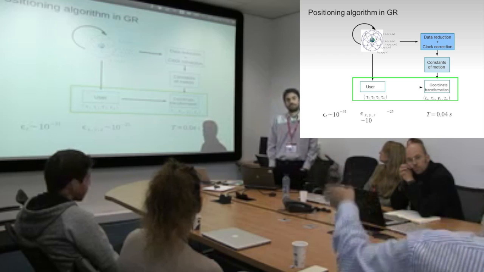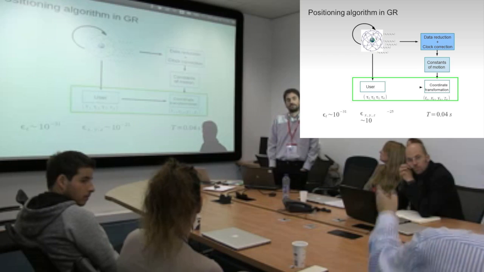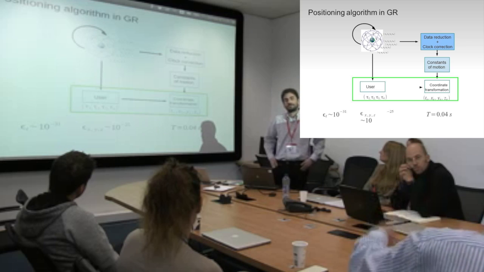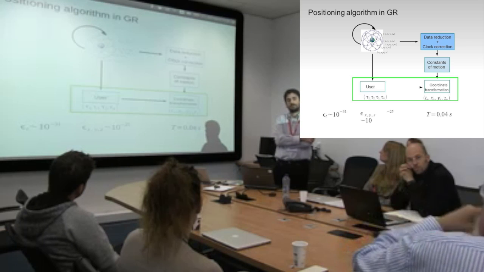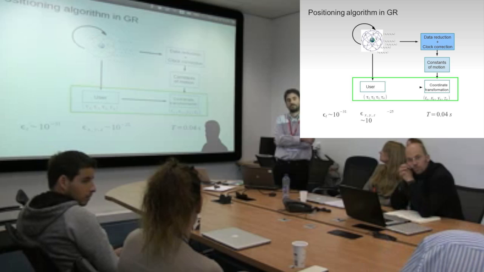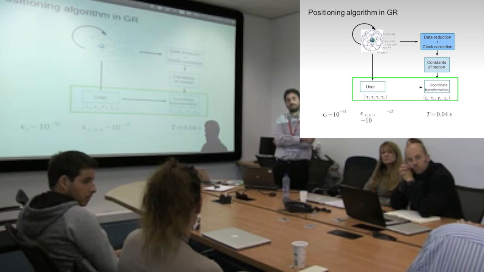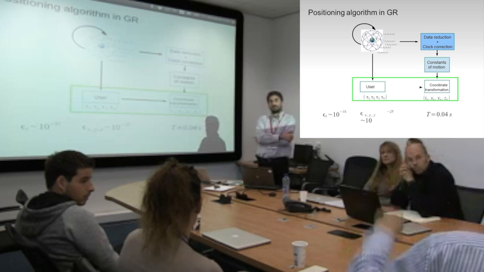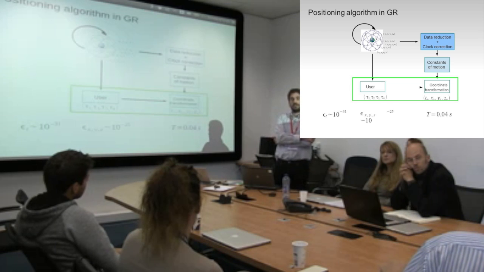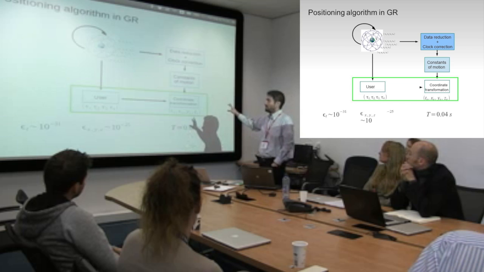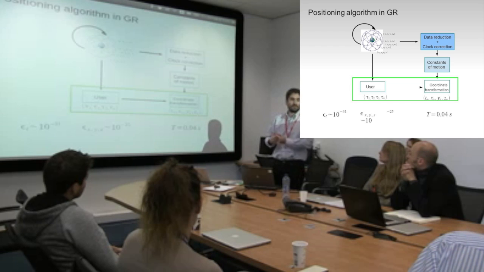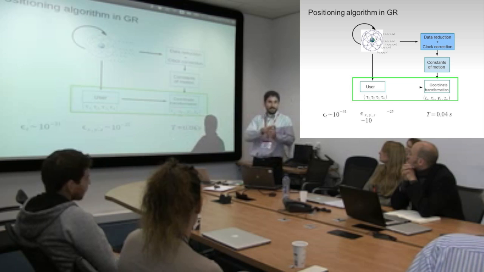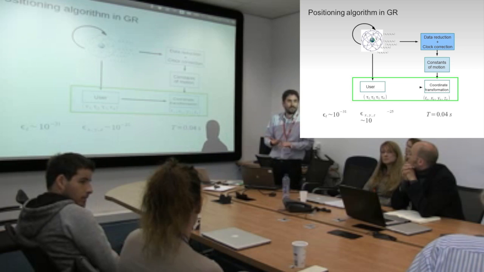One is what obviously comes from the satellite, and the other one is, after data reduction, correction, constants of motion, etc., what you need for the coordinate transformation. This would also have to come through the signal in space to the user. Either the user should get the orbital constants or already the positions x, y, z of the satellite.